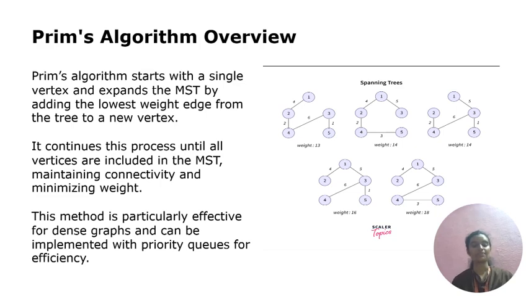This method is particularly effective for dense graphs and can be implemented with priority queues for efficiency. In Prim's algorithm, first an edge or a node is selected and then it is connected to the least weight edge, that is known as Prim's algorithm.